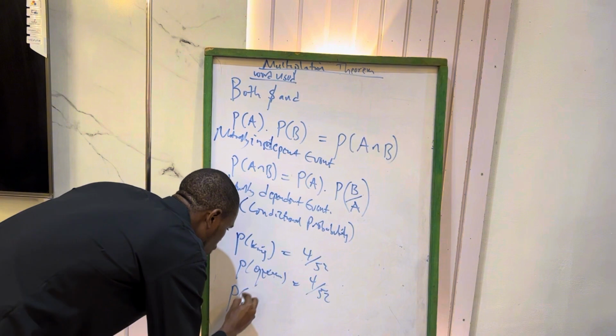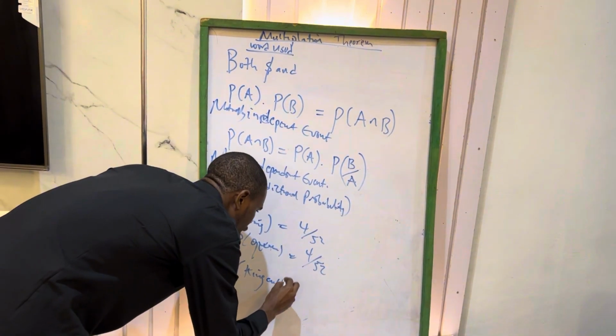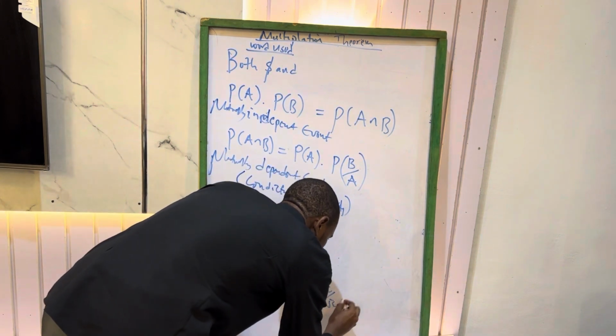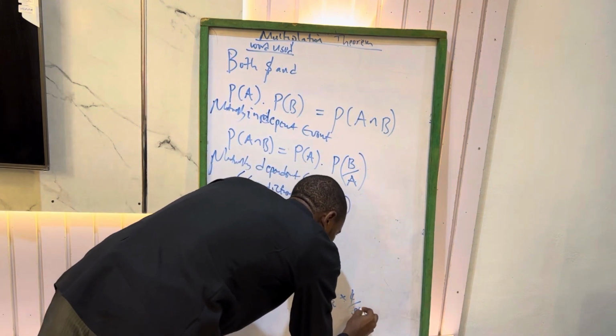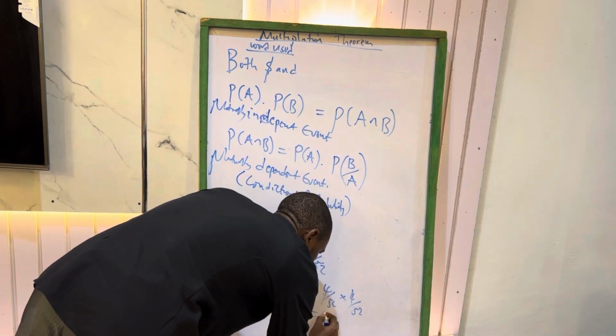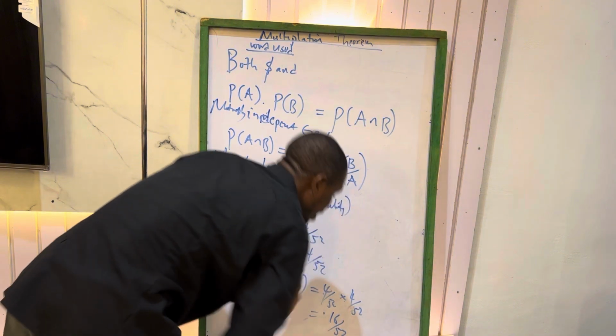So P(king and queen) is equal to 4 over 52 times 4 over 52, which gives us 16 over 52 squared. It's as simple as that.